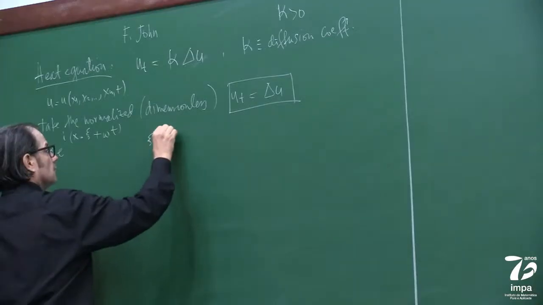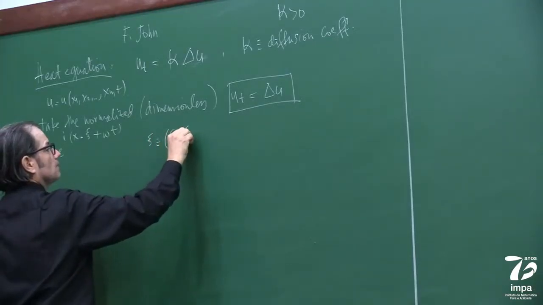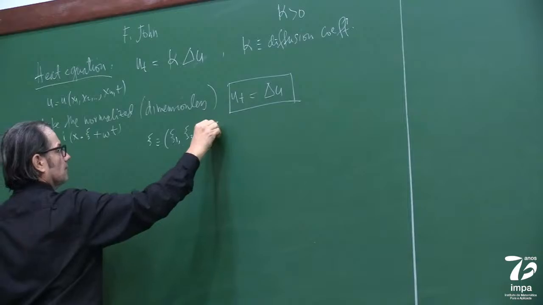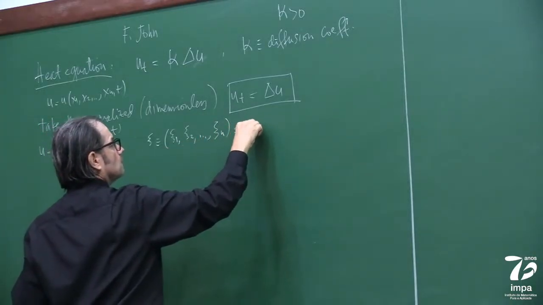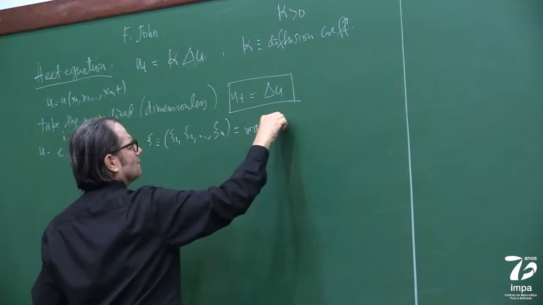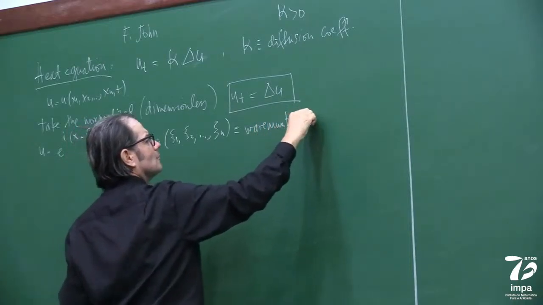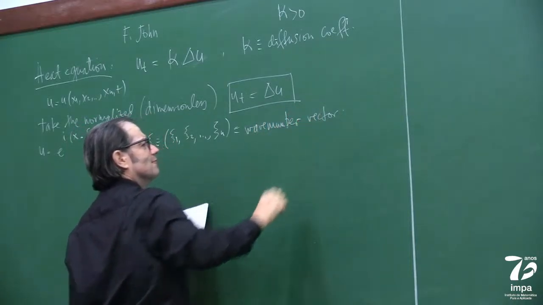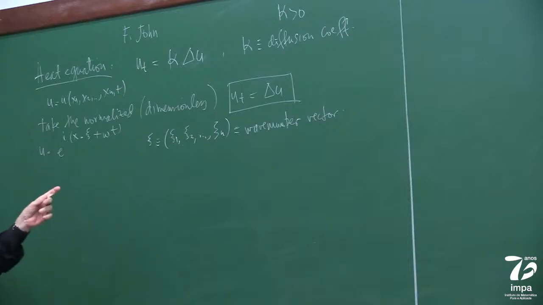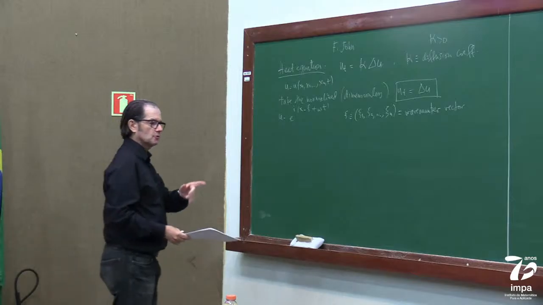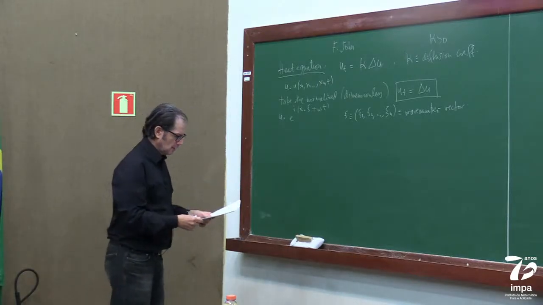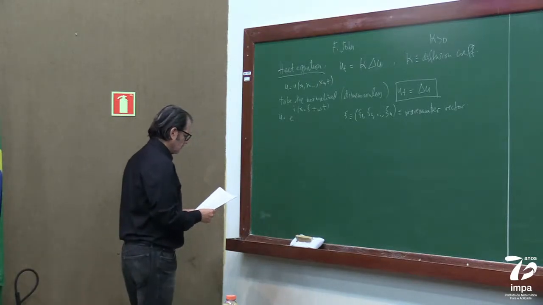xi, like this, is the wave number vector. Okay, so we already saw, when we were starting to understand the Eikonal equation, that the wave number can also be a wave number vector, having the directions related to propagation.